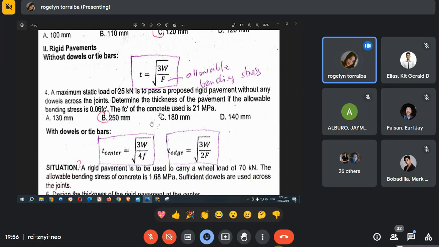Before I proceed, what is the difference between pressure and stress? Actually, they are the same, only the spelling is different. But the difference is that stress is applied to solid objects, while pressure is applied to fluids and liquids.